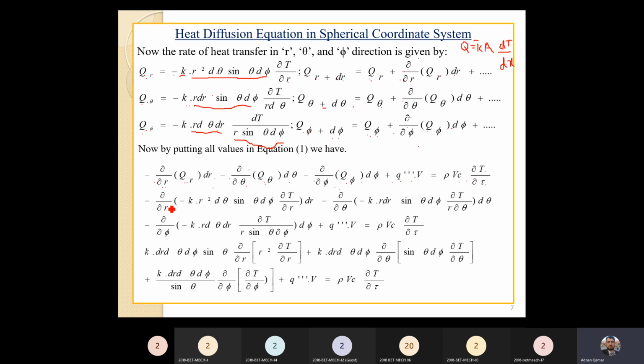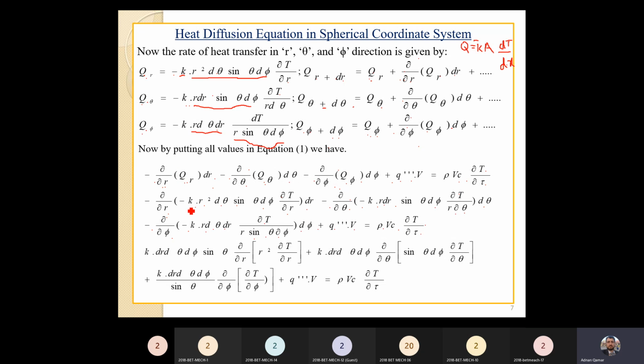So minus partial over partial r of minus k r square d theta sin theta d phi partial t over partial r dr, minus partial over partial theta of minus k r dr sin theta d phi partial t over r partial theta into d theta, minus partial over partial phi of minus k r d theta dr partial t over r sin theta partial phi into d phi, plus q triple dash into v is equal to rho v c partial t over partial tau.